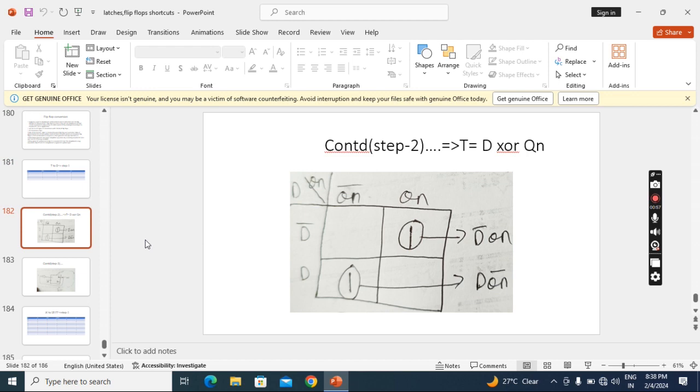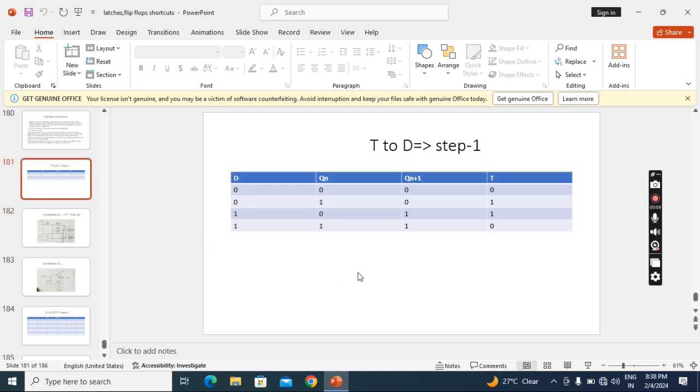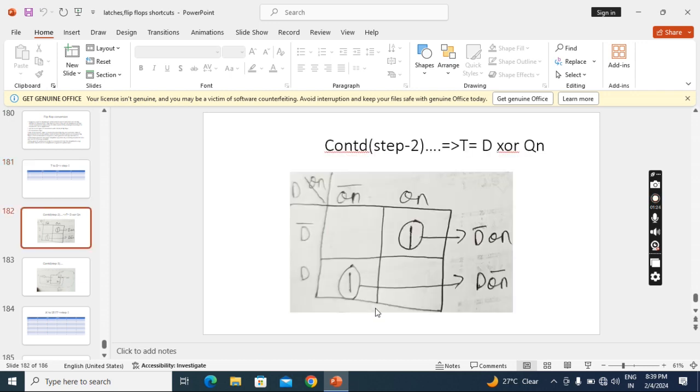Coming to step 2, we have to simplify the data input value of the given flip-flop T, by assuming the required flip-flop data input and present state as K-map variables. So D and Qn are K-map variables, so we need a two variable K-map, and we have to determine the simplified equation for T.